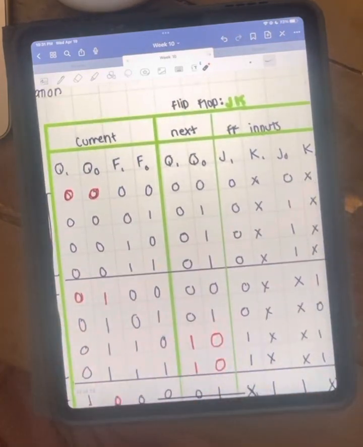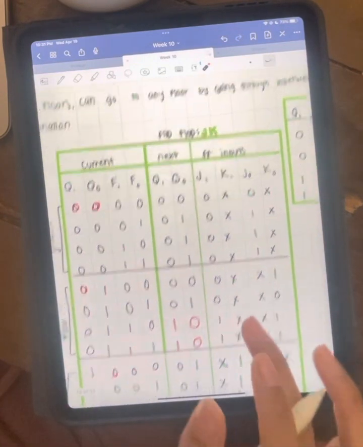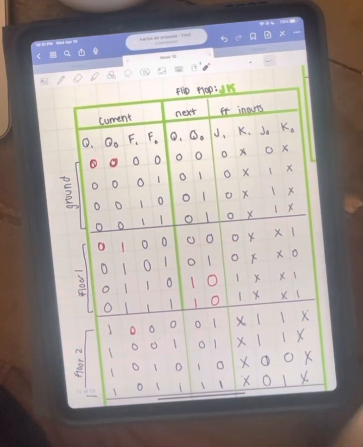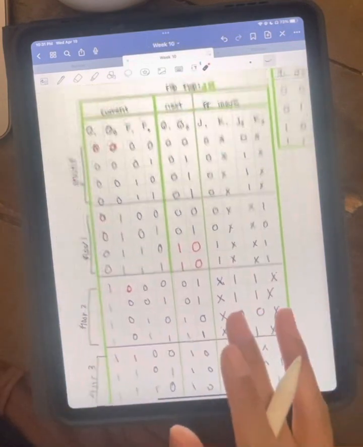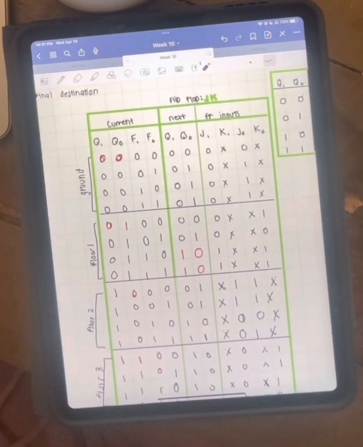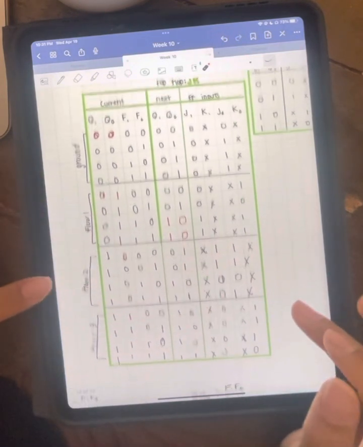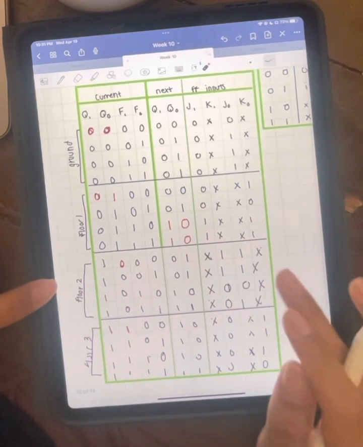So for this finite state machine, I chose to use JK flip-flops, and that is for all of the do not care conditions. I knew that with 4 states and 4 different K-maps, I was going to get a lengthy equation.